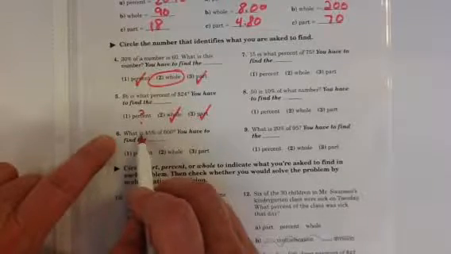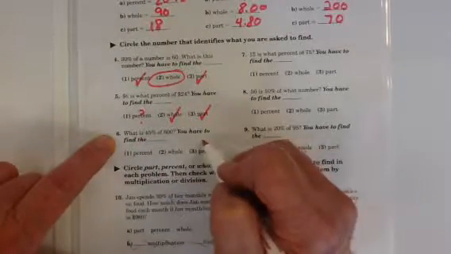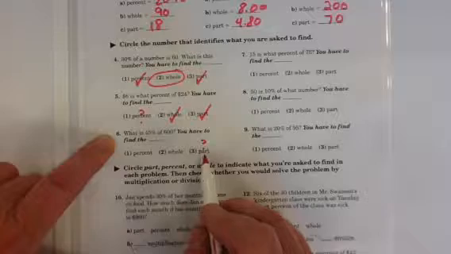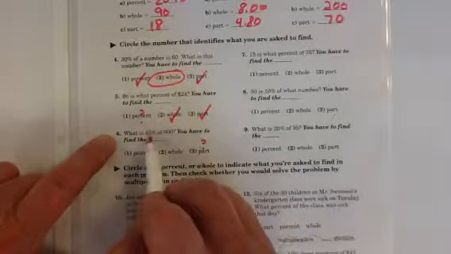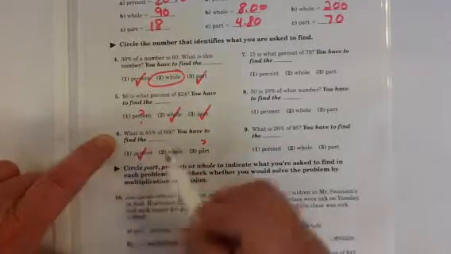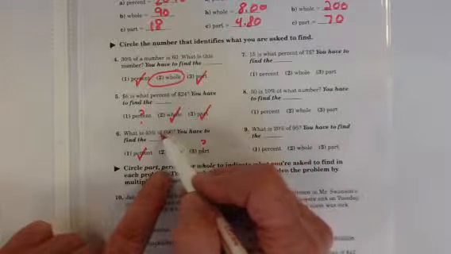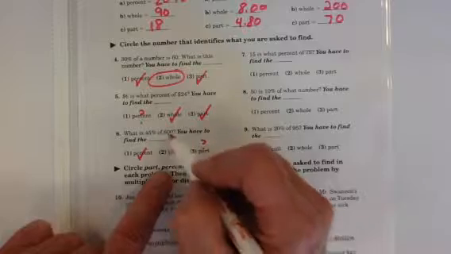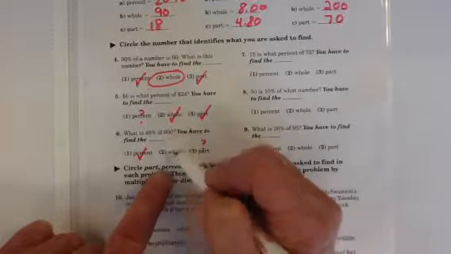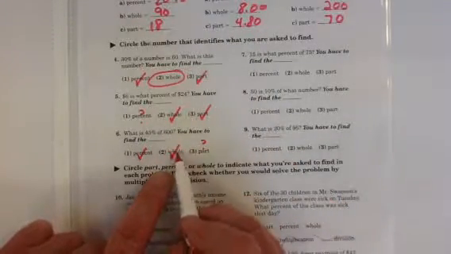For number 6, what is, that sounds like we don't know what the part is, right? 45%, we know the percent, of 600. So the 600 is coming after the word of. That means the 600 is the whole, and so we know the whole. So for number 6, we're trying to find the part.